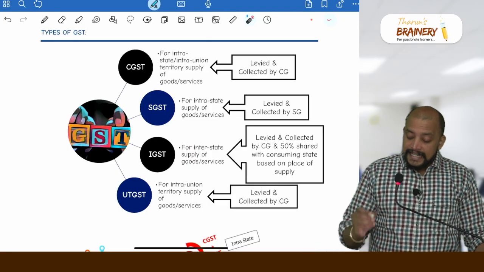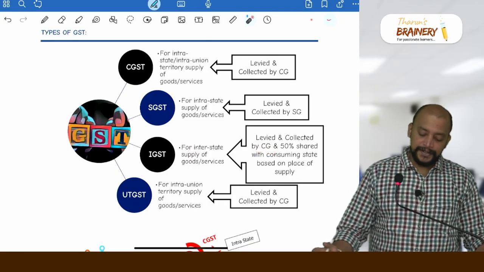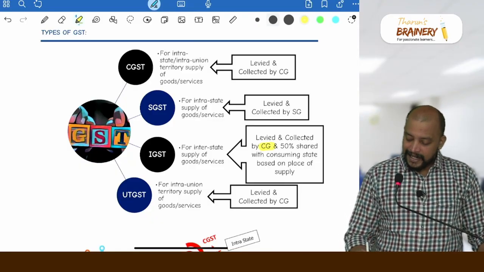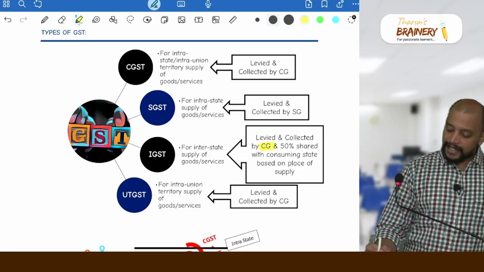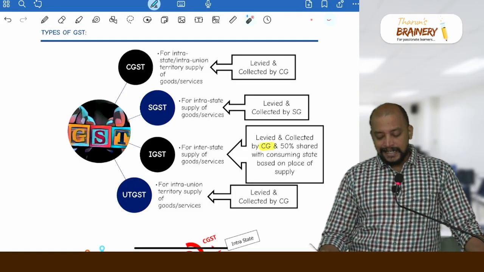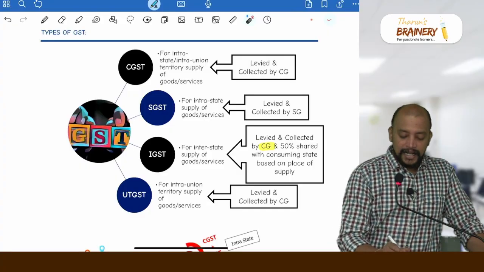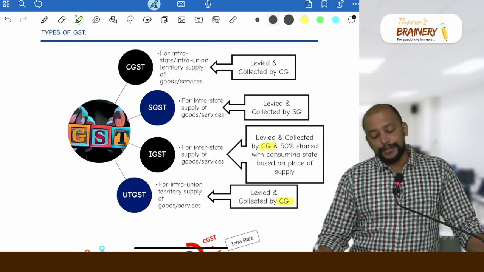Who will levy? Central government. And UTGST, who will levy UTGST? Again, UTGST is also levied by central government only. Why central government? Because union territories are under whose control? Central government control, due to that reason.